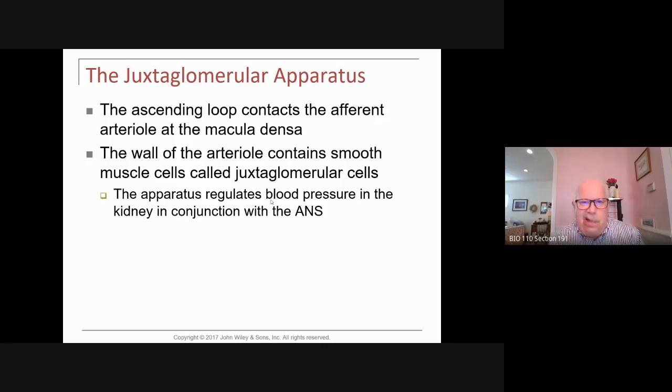Aldosterone stimulates the kidneys to conserve sodium and water, raising your blood pressure. So that's the RAS system, the renin angiotensin aldosterone system.